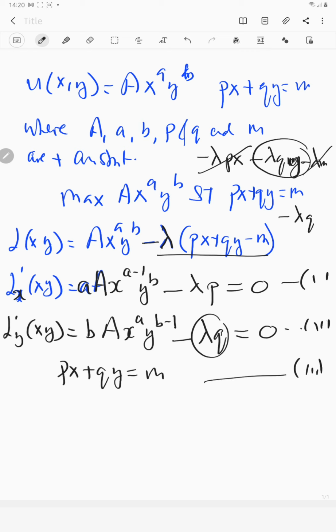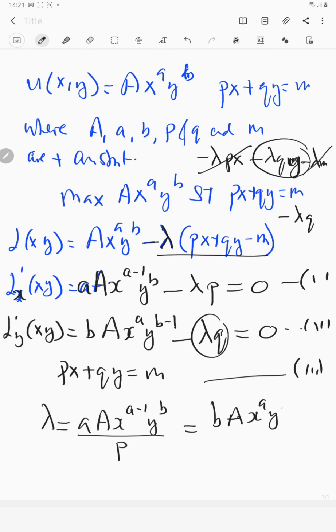Having done that, you must solve for lambda. So lambda is equal to a x to the power a minus 1, y to the power b, over p, which is equal to b A x to the power a, y to the power b minus 1, over q.